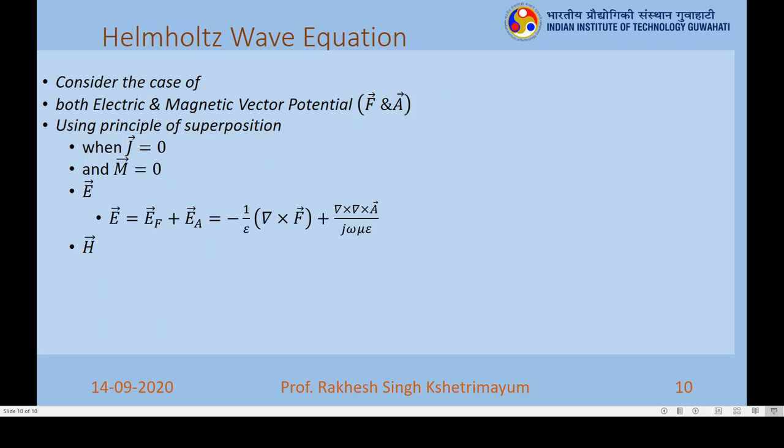Magnetic field also will have contribution from the F vector and A vector, and we will sum them up by applying the principle of superposition. So H vector will be the summation of HF plus HA, and this would be simply curl of F divided by j omega mu epsilon plus 1 by mu curl of A.